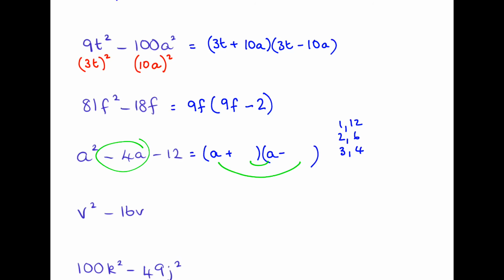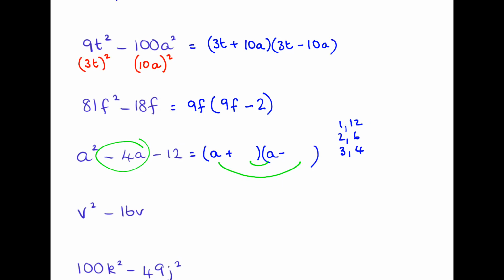Okay, so let's see if it would work with 1 and 12. Well, from 1 and 12, we would get a positive a there and a negative 12a there. That would give us negative 11a, which is not what we need. So that's not right. It's not 1 and 12. Okay, let's have a look. Just a second now. Just remove those.